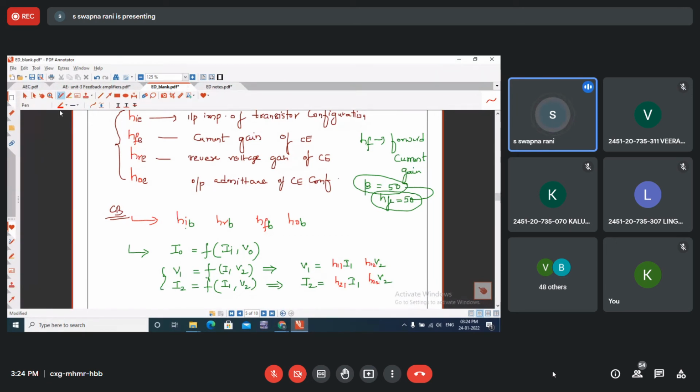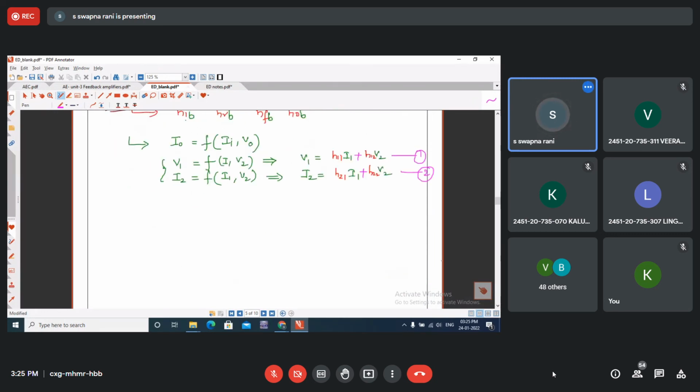So all the four parameters we will know using H parameters. That is why H parameters are chosen to represent the electrical behavior of the transistor. So finally you need to remember only these two equations.